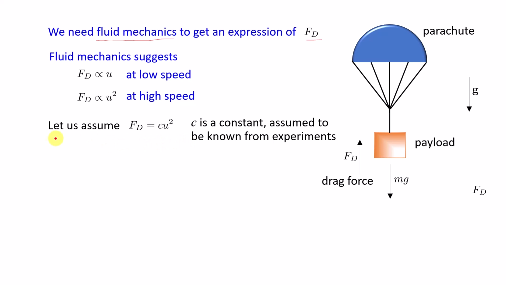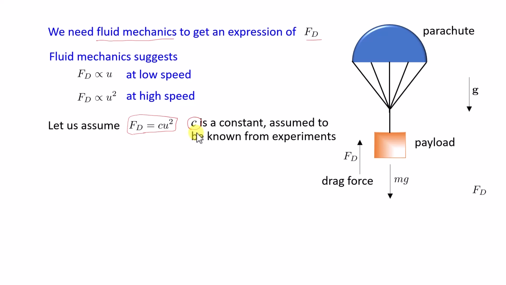So because we are not going very deep in fluid mechanics, we simply assume that Fd is a function of U and it is proportional to U square. That means Fd is cU square. Here c is a constant which will be a function of many inputs, specifically the surface area of the parachute and the surface roughness of the parachute, etc. But we will not consider all this.